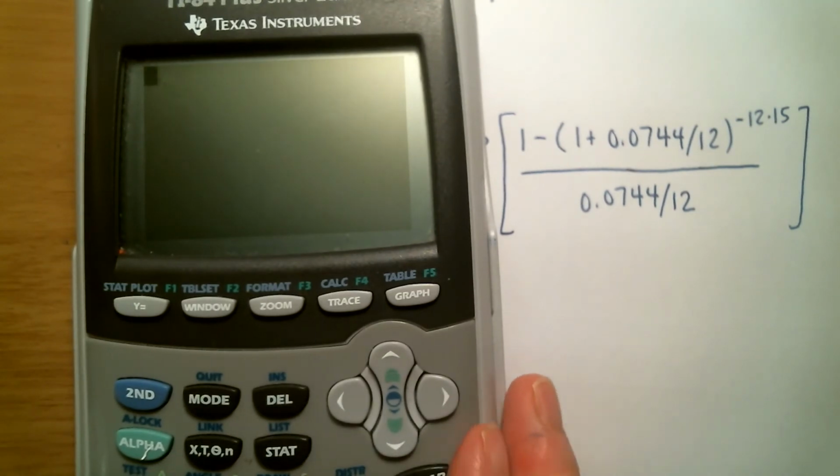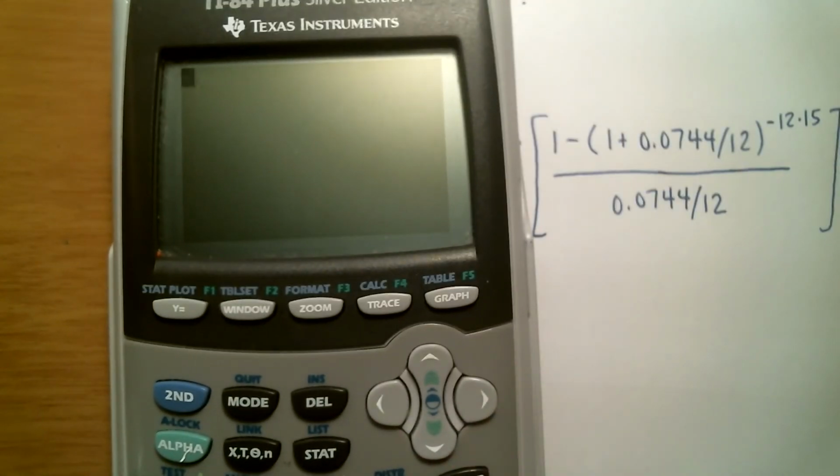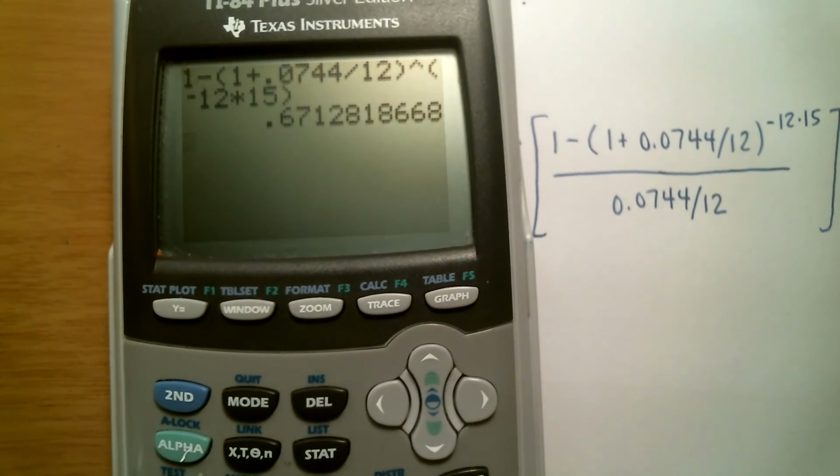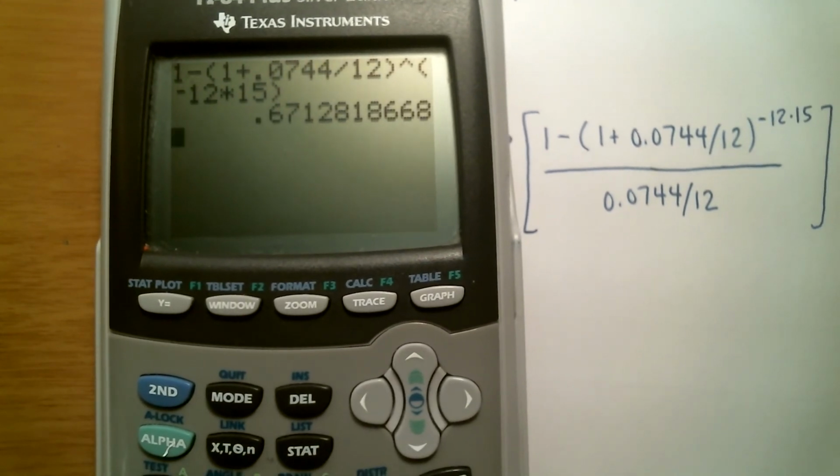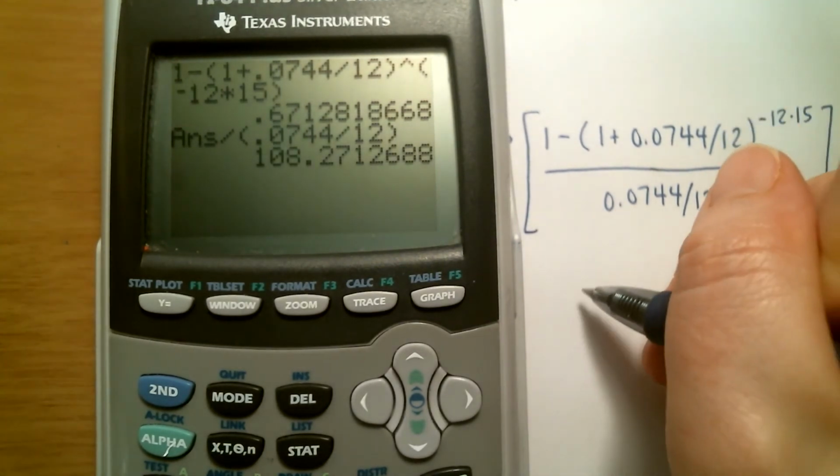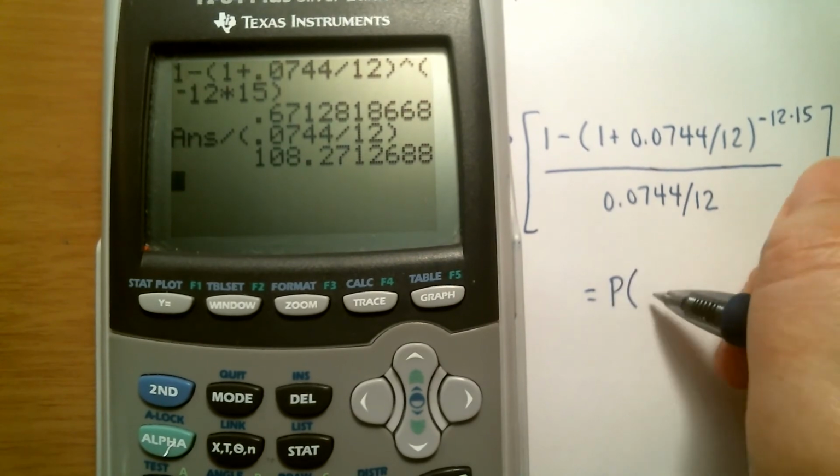We're going to get 1 minus parentheses 1 plus 0.0744 divided by 12 raised to the negative 12 times 15. There's the numerator. Then you want to divide by r over m, so we hit division and put in parentheses r over m. This is the quantity inside the brackets. So the right side is going to be P times this quantity.